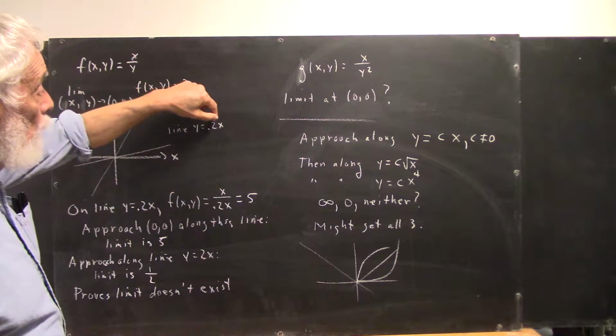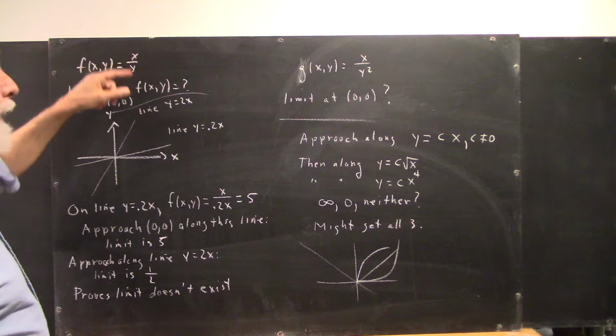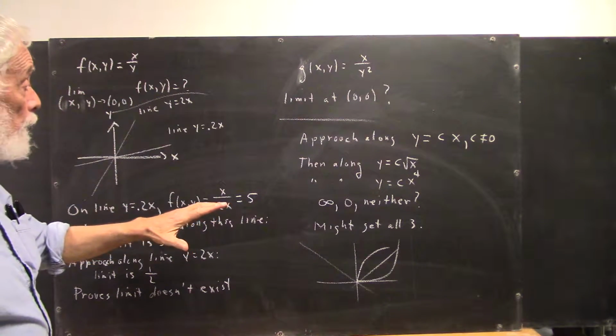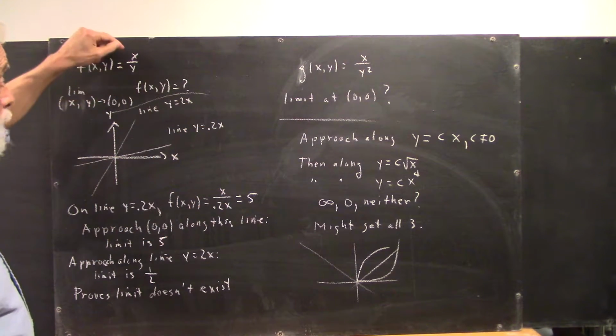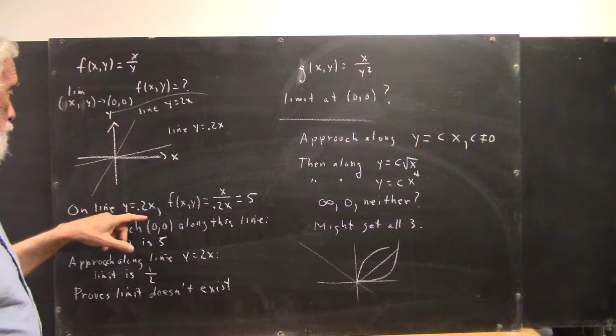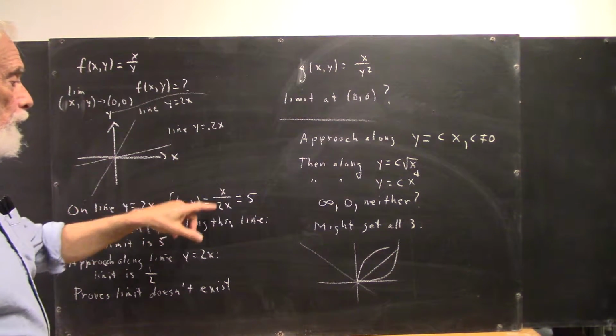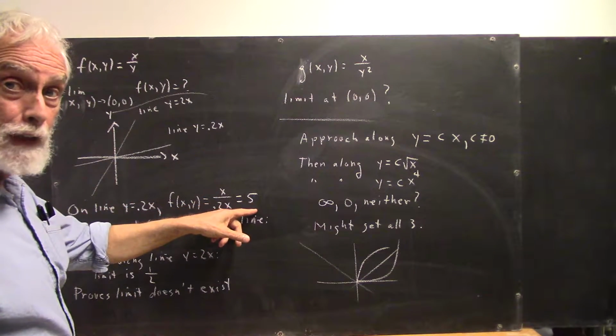Okay, along the line y equals 0.2x, what can you say about x over y? Well, if y equals 0.2x, then x over y is x over 0.2x. So f of x, y is x divided by 0.2x, and that simplifies just to 5.